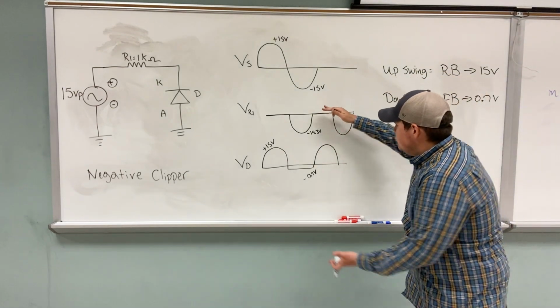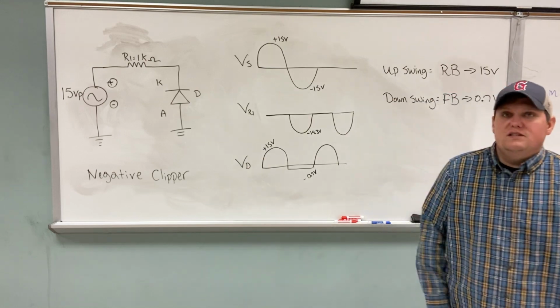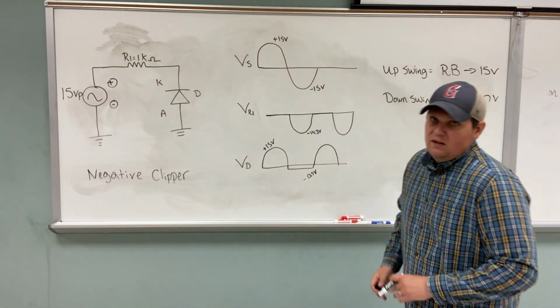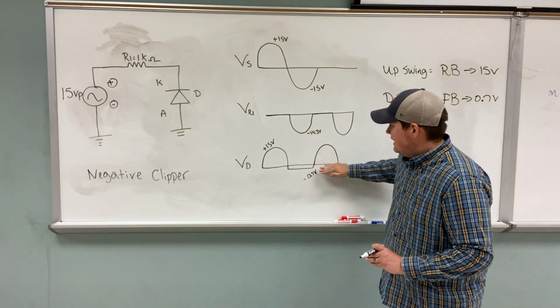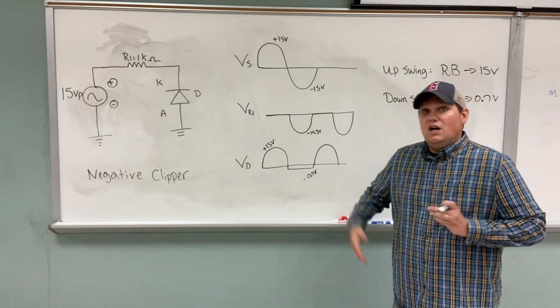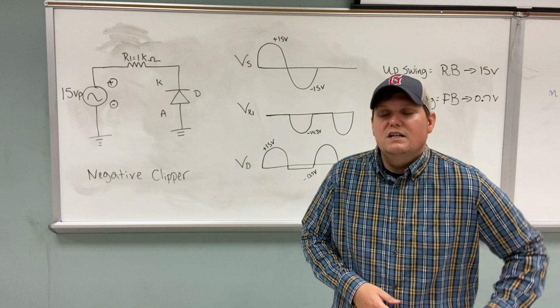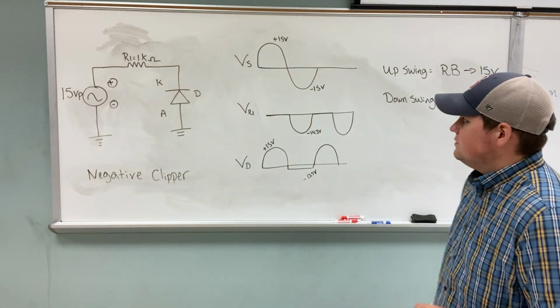So slide these two waveforms together, and they will equal the source voltage. And this is what we call a negative clipper, because the diode is clipping in the negative direction here. On the other one, it clipped it at 0.7 in the positive direction. So that's where I get negative and positive clipper.